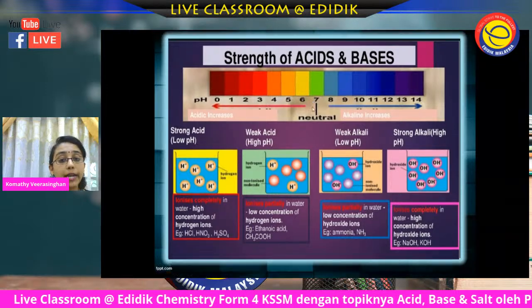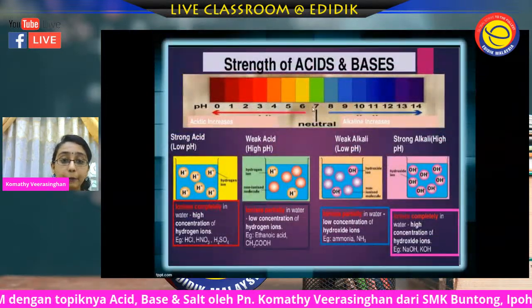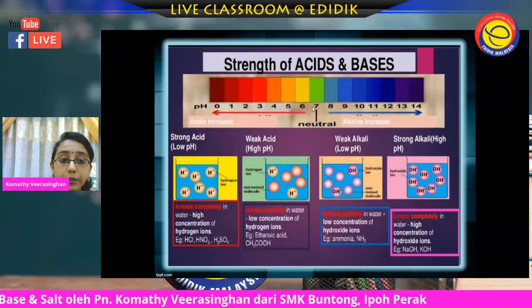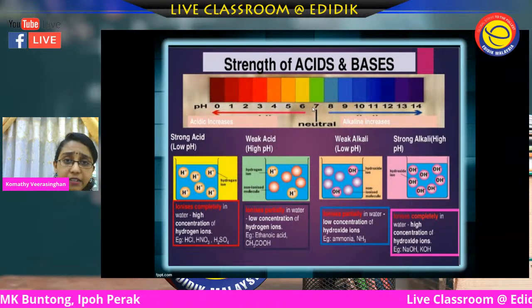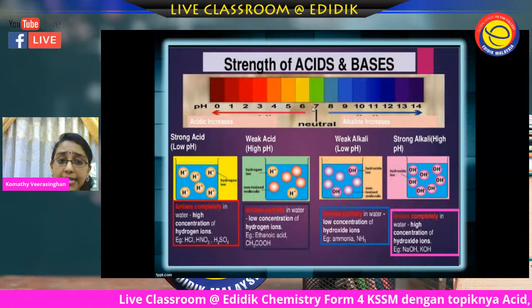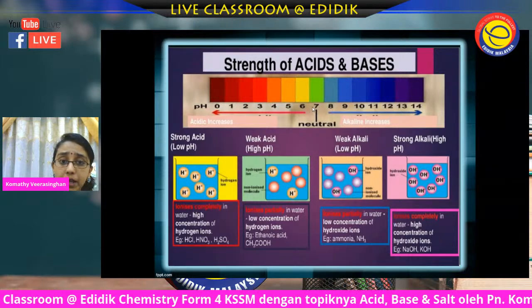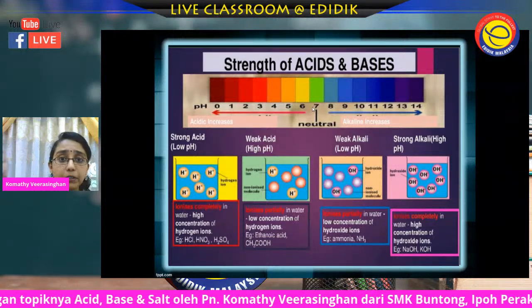And how can we interpret the substance strength based on the pH value? Now, just now I told you that any pH value which is less than 7 is considered acid already, right? Okay, let's say I have two types of acid now. Acid A, the pH value is 2. Acid B, the pH value is 0.2.